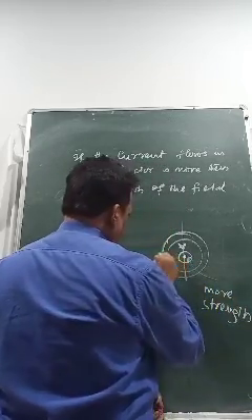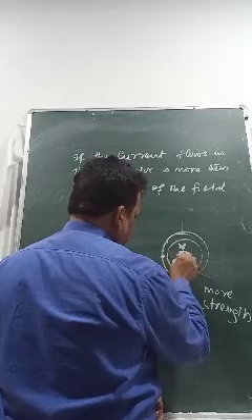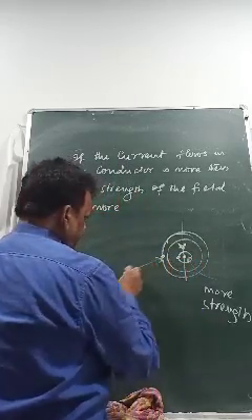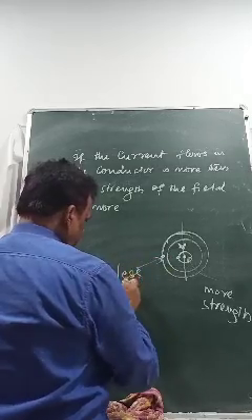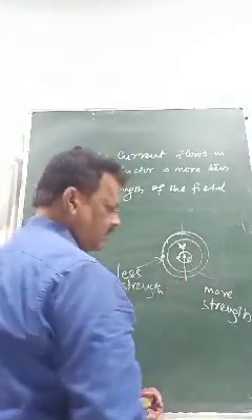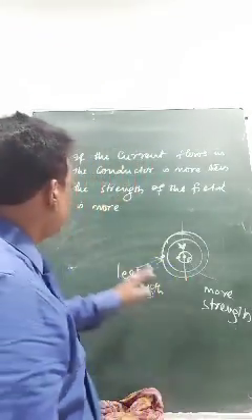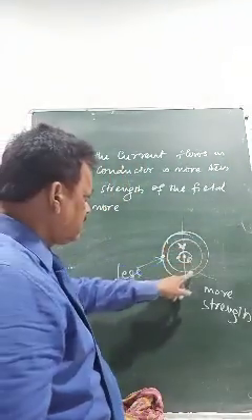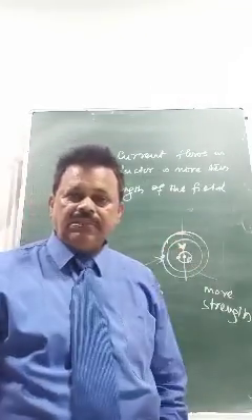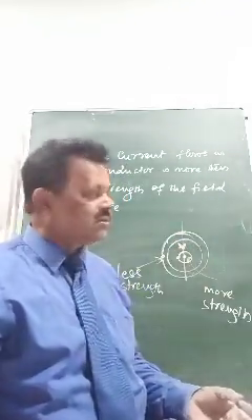If you take a point here far away from the conductor, here it is more strength, here it is less strength. So two things to remember. If the current flowing in this conductor is more, the strength of the field is more. Means it has more capacity to attract.